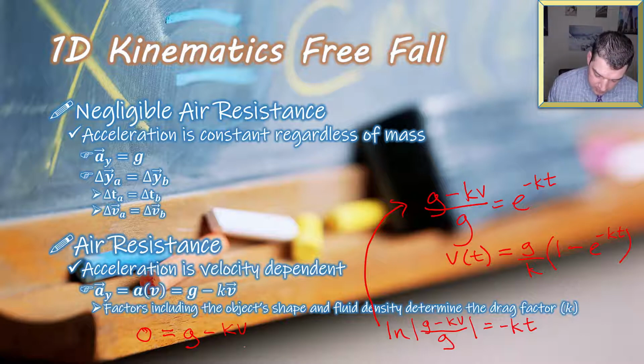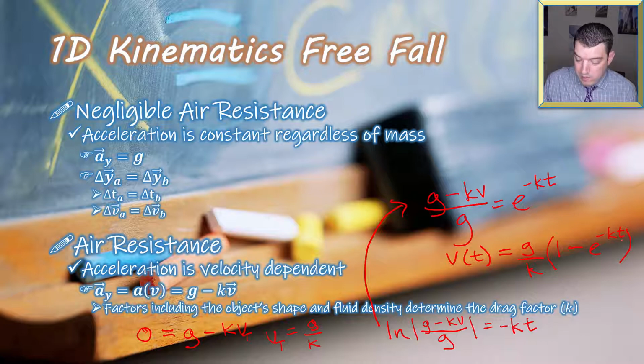That means v terminal is going to end up equaling g divided by k, which matches our function. When t gets very large, e to the very big negative number approaches 0. And so what we essentially have is 1 minus 0, or 1, so when t is large enough, the velocity at that time is g over k, or our terminal velocity.